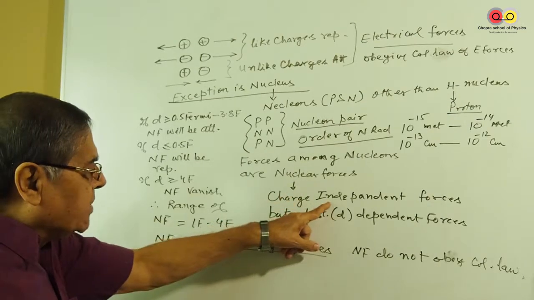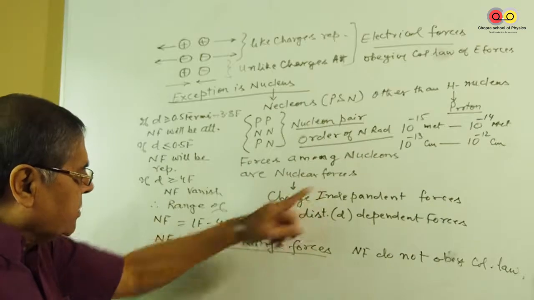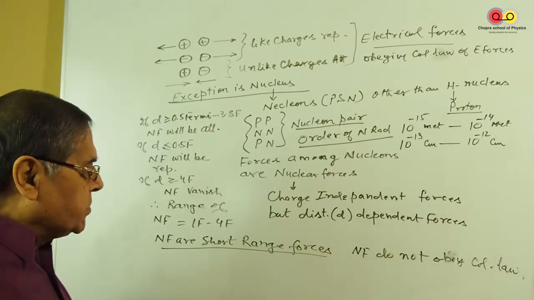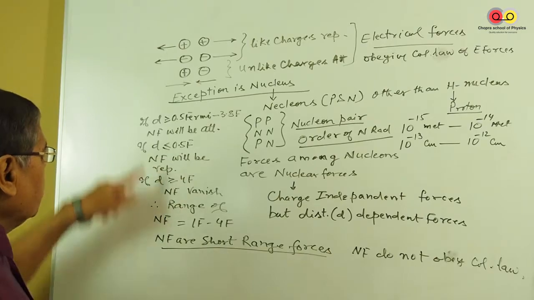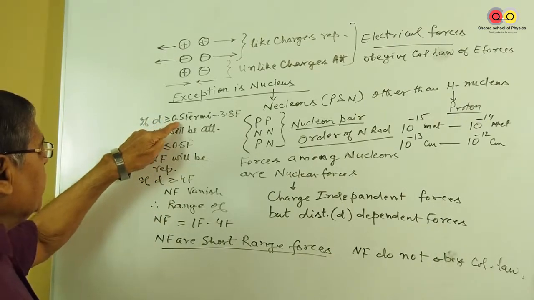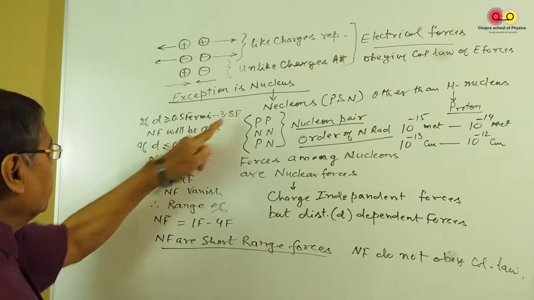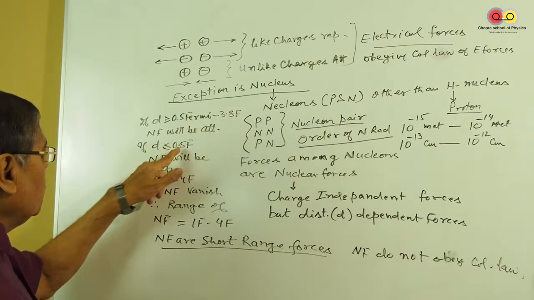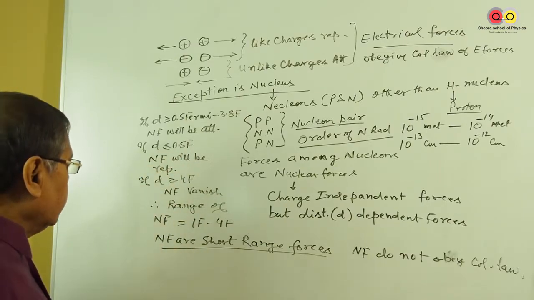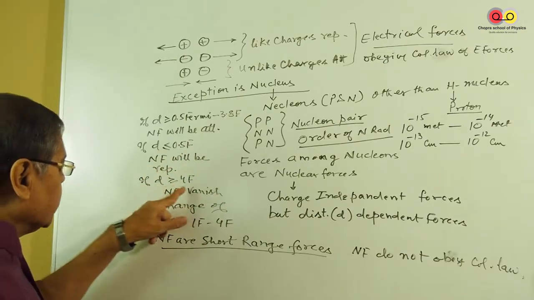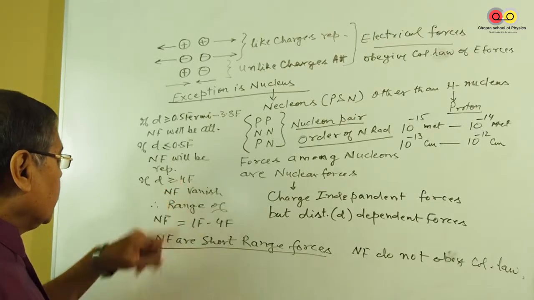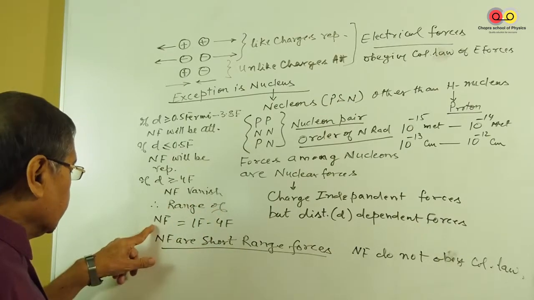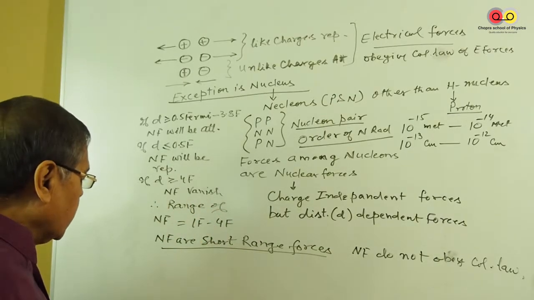Nuclear forces are charge independent, they do not depend upon charge, but they are distance dependent forces. And this is the range: D greater than or equal to 0.5 Fermi up to 3.8 Fermi, they will be attractive. Less than or equal to 0.5 Fermi, they will be repulsive. And if the distance exceeds 4 Fermi, then nuclear forces will vanish. So the range of the nuclear forces is valid from 1 Fermi to 4 Fermi.